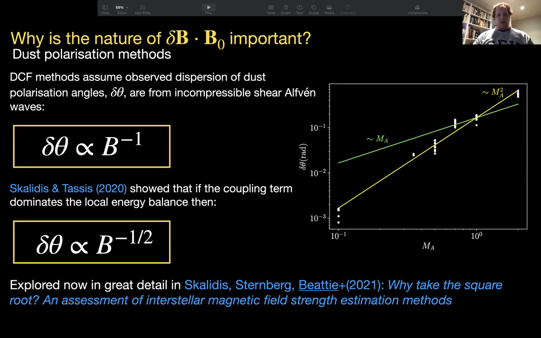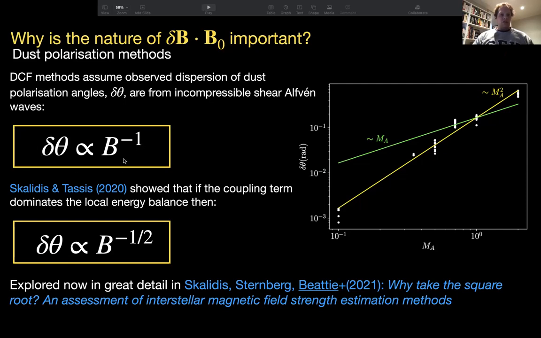So why is this important at all for us who want to measure magnetic fields in the universe and understand magnetic fields from observations? Well, it changes the nature of these dust polarization methods. The DCF method assumes that all the dispersion angles coming from dust polarization are from incompressible shear Alfven waves, and that leads to this relation right here.